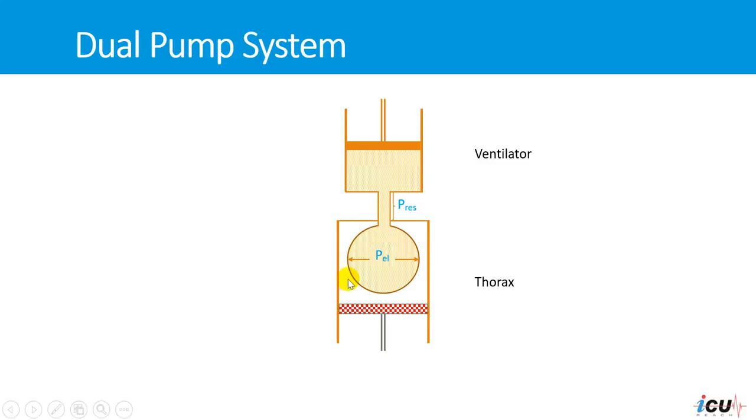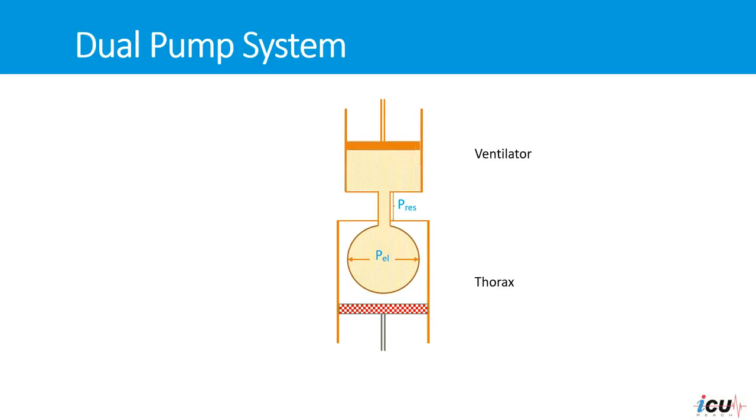If the patient is not breathing, in order to overcome these forces, the ventilator has to apply a positive pressure. The transpulmonary pressure will be this pressure that is applied by the ventilator minus the intrathoracic pressure, and since the patient is not breathing, we assume it is 0.